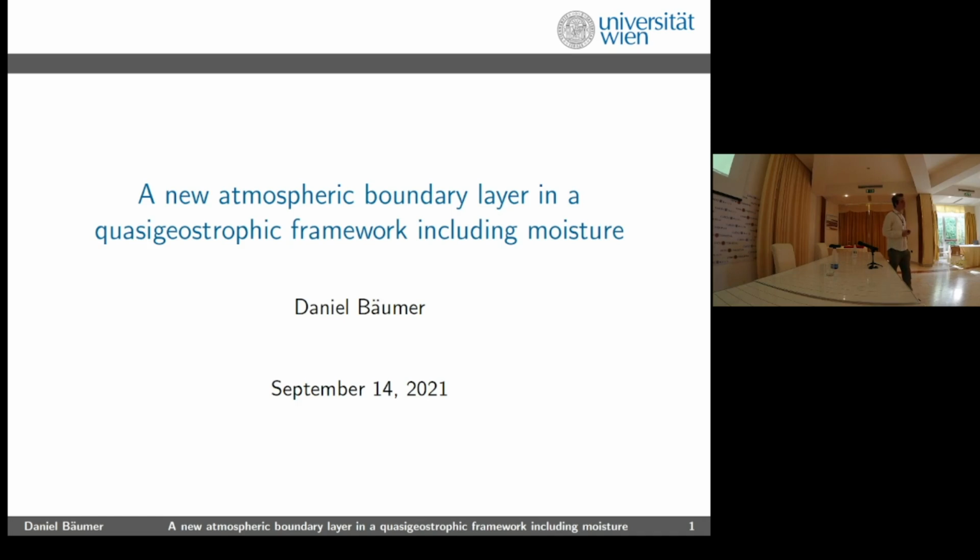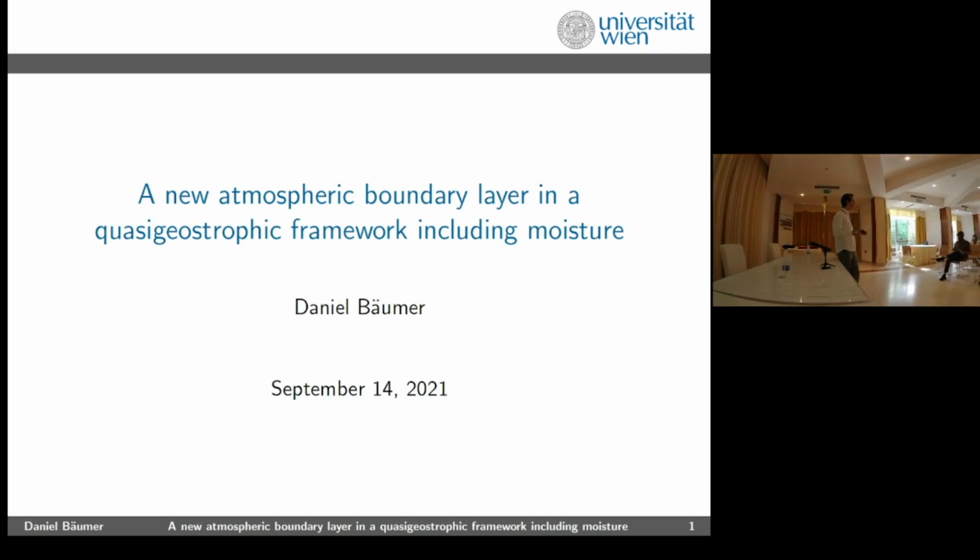Since this builds heavily on traditional concepts from theoretical meteorology, like quasi-geostrophic theory and also the Ekman boundary layer near the surface of the Earth, I will devote about the first half of the talk to really properly motivating and introducing those concepts. And then we'll look at some of the new stuff.